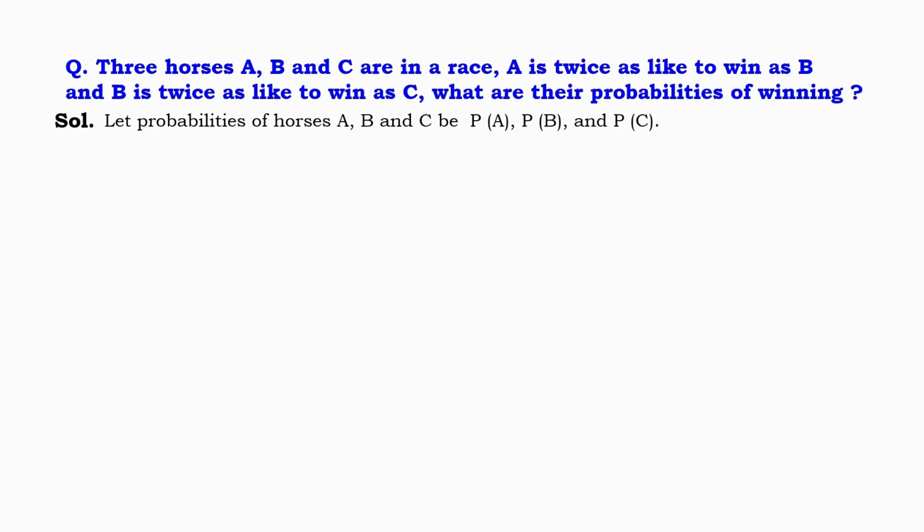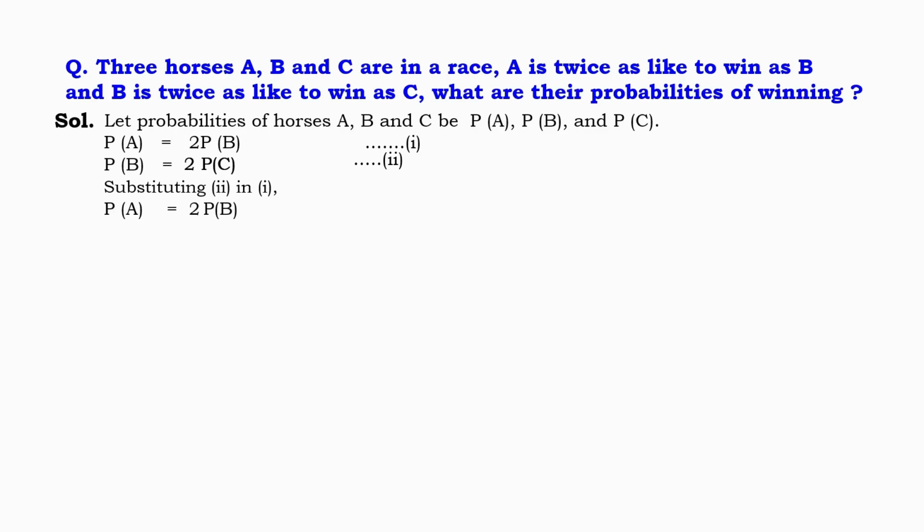Let us denote the probabilities of the horses A, B, C as PA, PB and PC. The condition given here is that A is twice as likely to win as B. So the probability of A is equal to 2 times the probability of B; that is, the probability of winning of A is twice the probability of winning of B. Now B is twice as likely to win as C, so the probability of B is equal to 2 times the probability of C. So we got two equations over here.